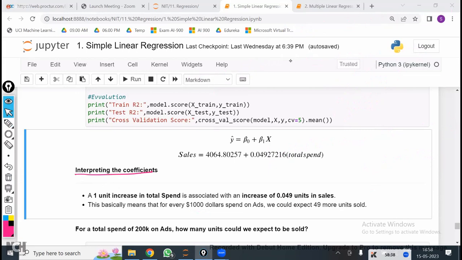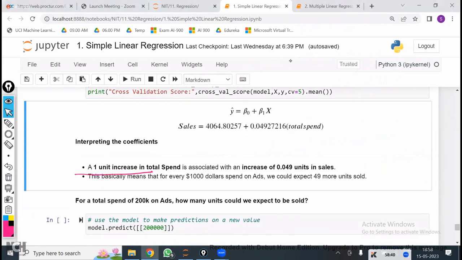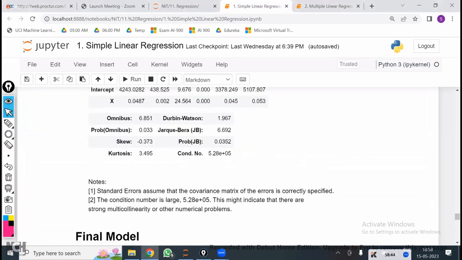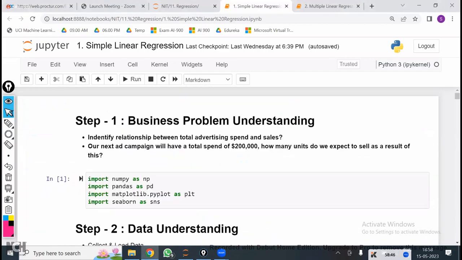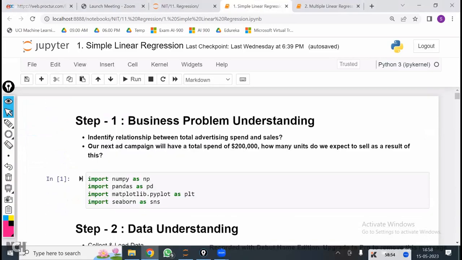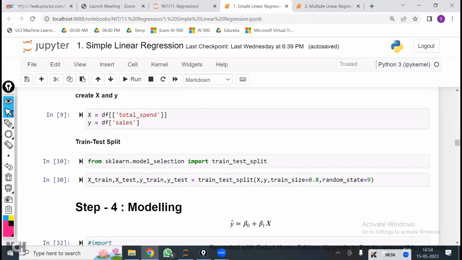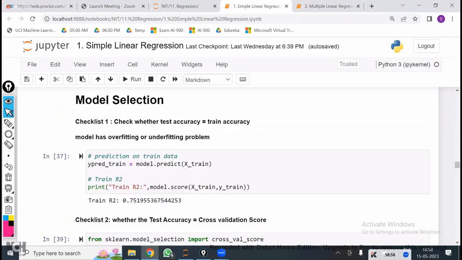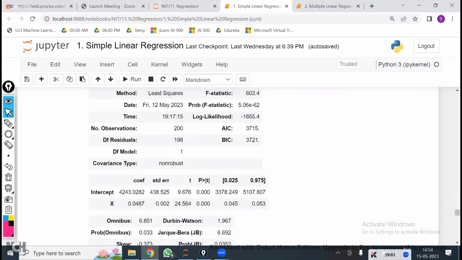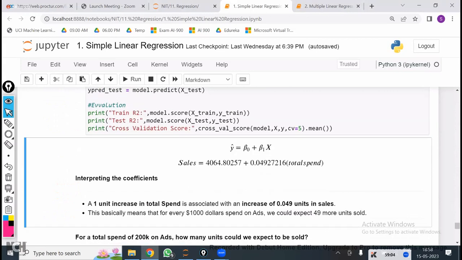Is that clear now? So now the question is, they're asking for $2 lakhs. What is the second question they asked? If I invested $2 lakhs, what is the expected units of sales? So we are going to substitute that value, $2 lakh, in the equation we have got.